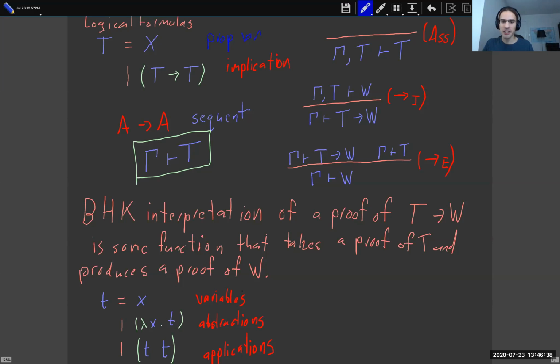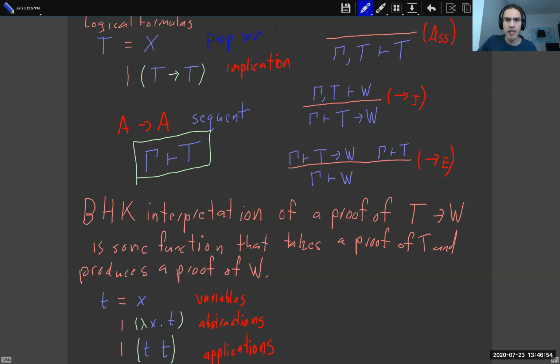There are functions that take proofs and then do something with them. That motivates us to give a different statement of our three proof rules in our proof system.